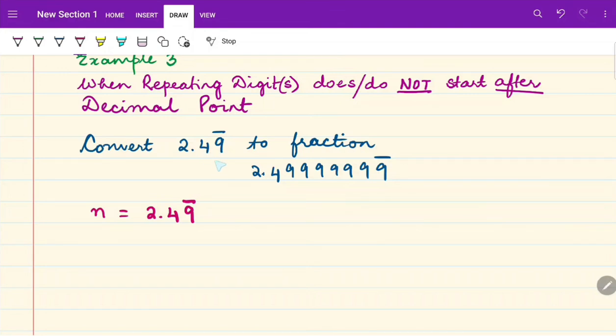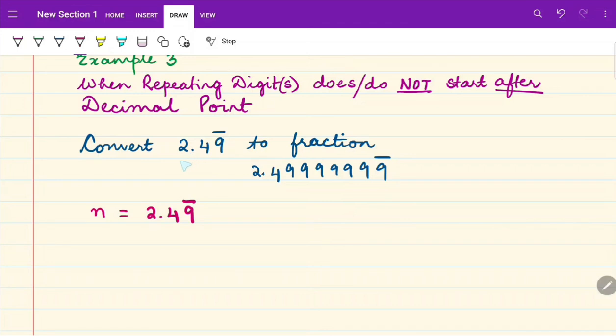And then in the next step, I'm going to get this 4, which is the non-repeating part, to the left of the decimal. So the 4 will come to the left of the decimal and we will just have the repeating part, that 9 bar, to the right of the decimal. In order to shift the decimal point one place to the right, we have to multiply this entire equation by 10, correct?